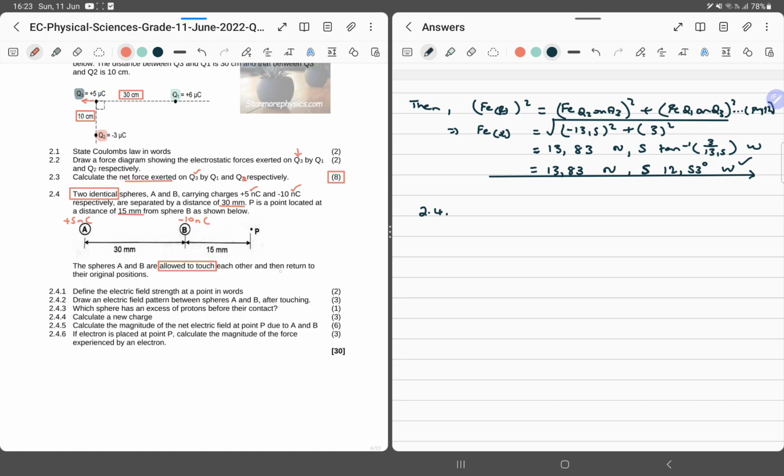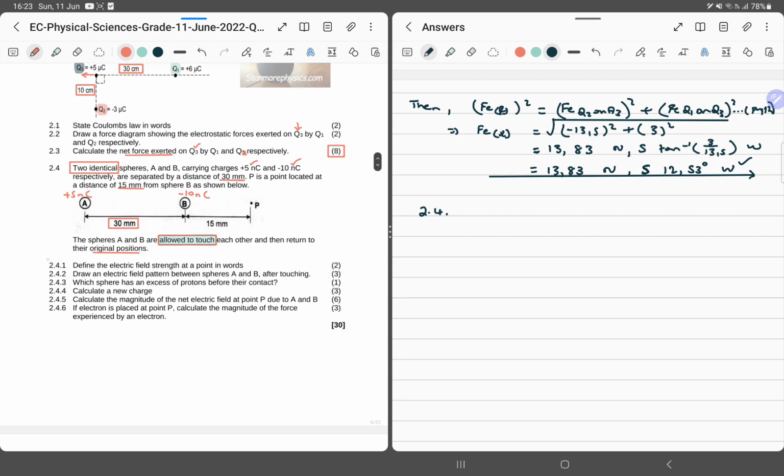They will attach and then return to their original positions, meaning they will still be 30 millimeters apart after they have come together. This is the most important part to make sure is ingrained, and you can see this is information that is given prior to any question. So this is the scenario that we have before we are asked any question. So let's go for them.